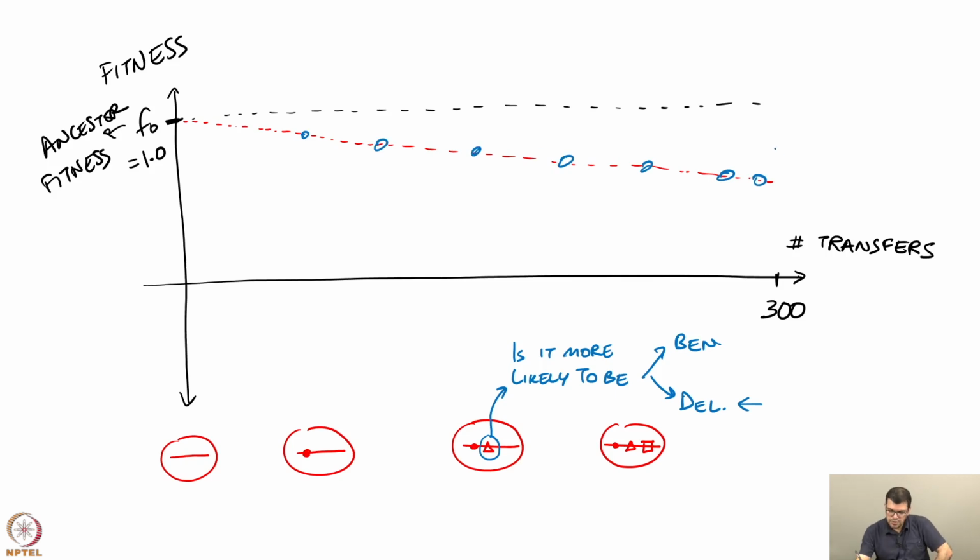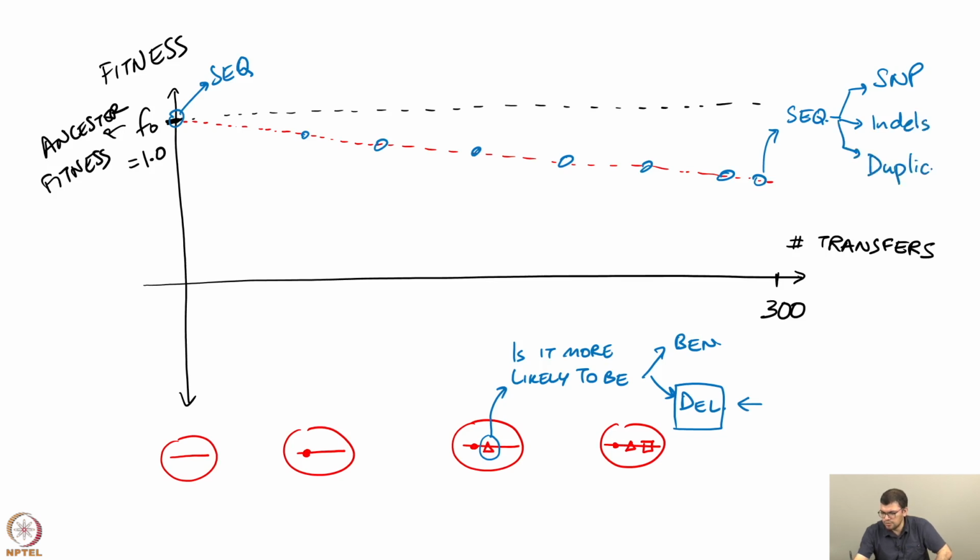Now, that is one thing, which is basically just a consequence of the fact that there are more deleterious mutations as compared to beneficial mutations. What I can also do is sequence these lines and try to find out the nature of mutations that are happening, how many are SNPs. So, I will sequence this, I will sequence the ancestor that I started with, and I will compare them and find out the nature of mutations: how many are SNPs, how many are insertions and deletions, how many are duplications, and so on and so forth.